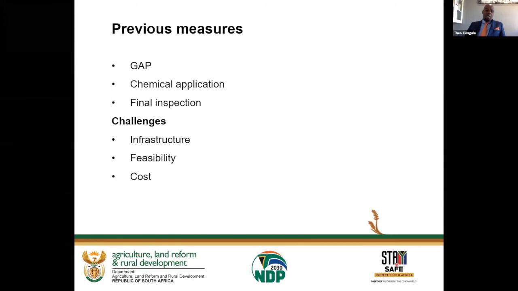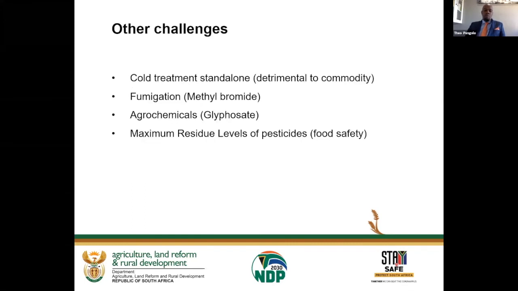So we had to adjust to improve our compliance. But unfortunately, in most cases, we were challenged with infrastructure that we could not meet. Sometimes it was not feasible for us as a country to put all these measures in place, and sometimes it was costly. So small producers could not afford to have all these measures in place for them to export.